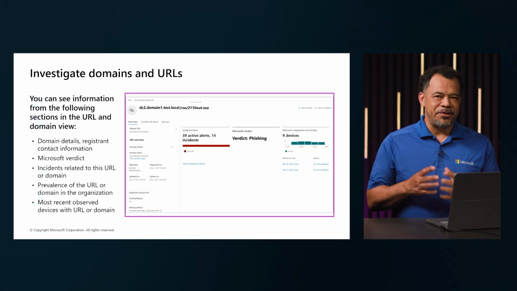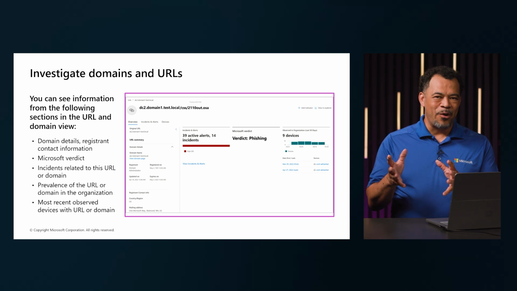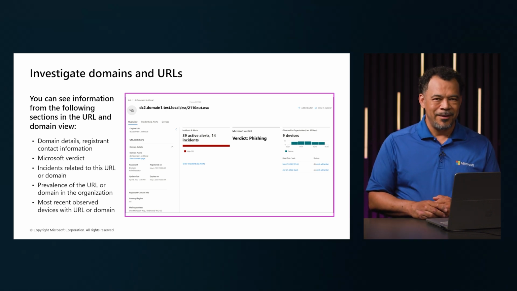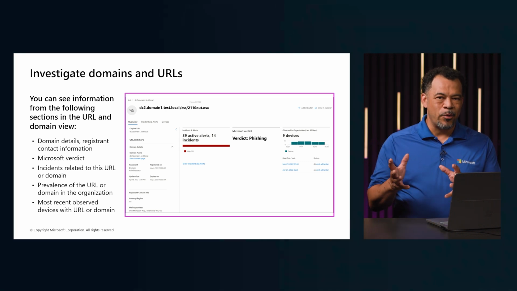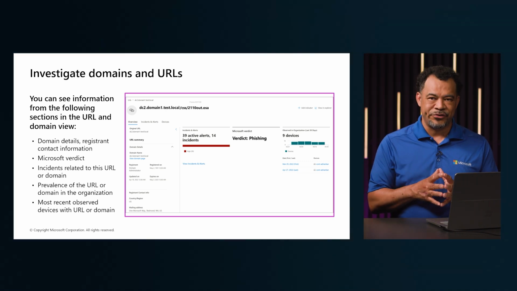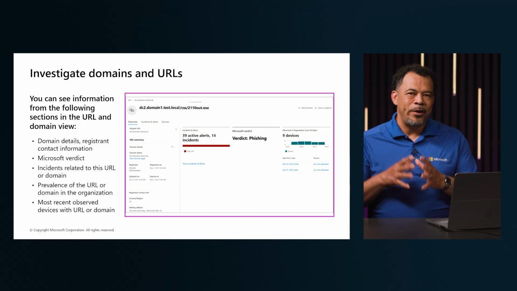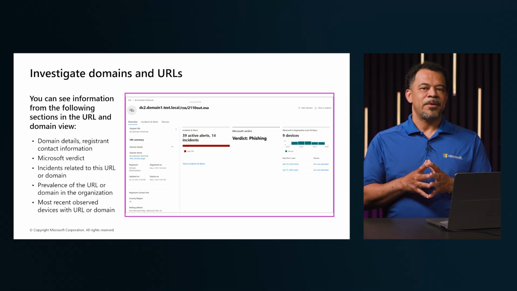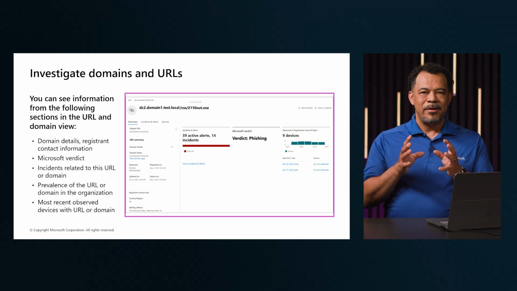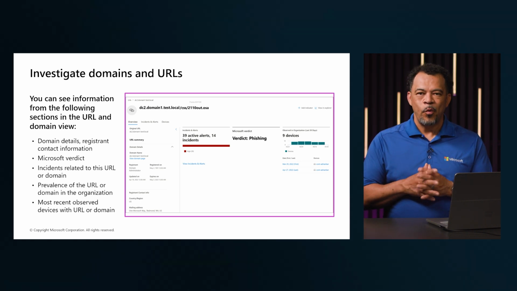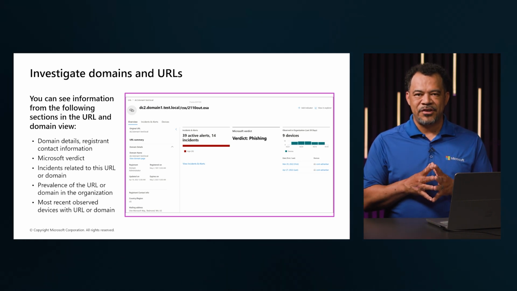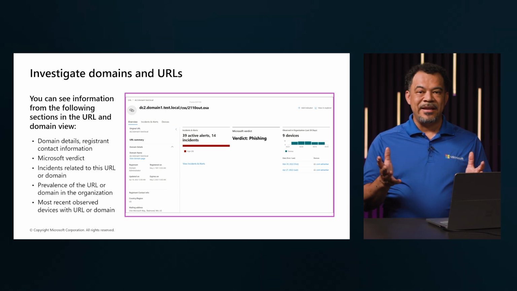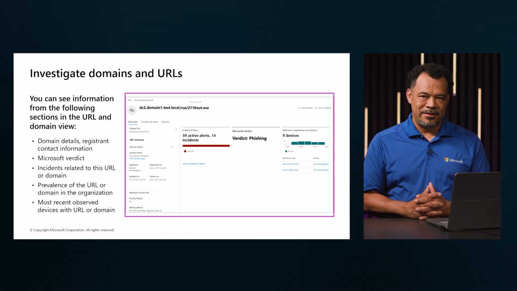When we're investigating a potential threat, domains and URLs often play a critical role. They're the digital fingerprints of things like phishing sites, malware delivery points, or even command and control servers. In Defender XDR, we can investigate a domain or URL to see how it's interacting with our environment. We get a full view of which users or devices have accessed it, whether it's been flagged by Microsoft Threat Intelligence, and if it's been linked to any known campaign or malicious activity.